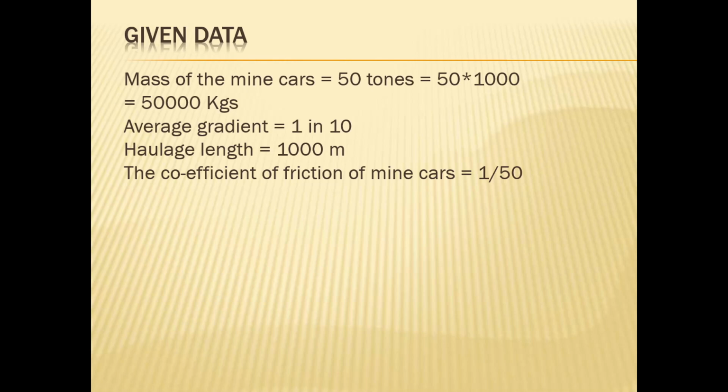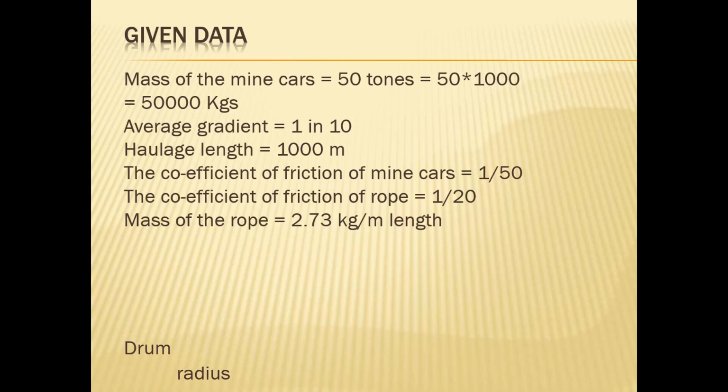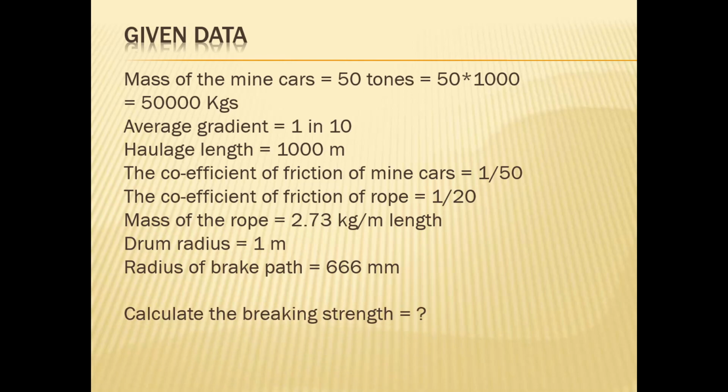The coefficient of friction of mine cars is 1 by 50. The coefficient of friction of rope is 1 by 20. Mass of the rope is given to us as 2.73 kg per meter length. Drum radius 1 meter. Radius of brake path is 666 millimeters, and we are required to calculate the braking strength.